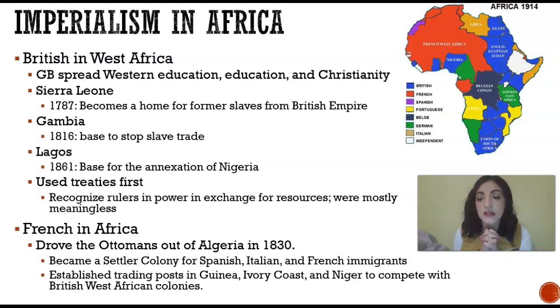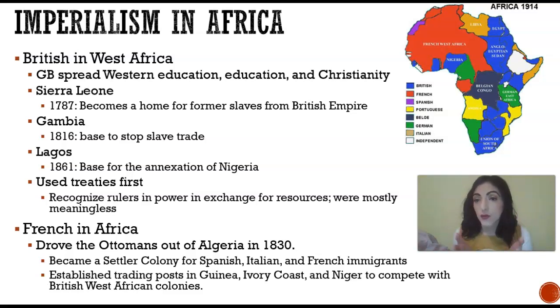Obviously, most of them were unsuccessful because once the European countries realized that they were much more technologically and industrially advanced than these smaller tribes, they took over very, very quickly. As you can tell from the map, everything that's in color belongs to a European country.